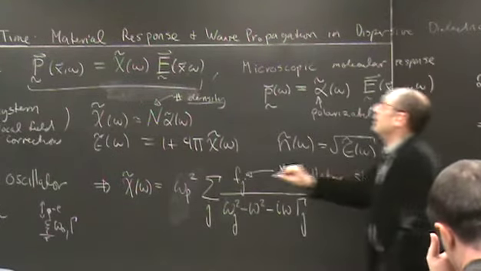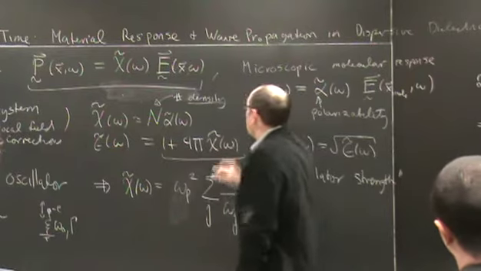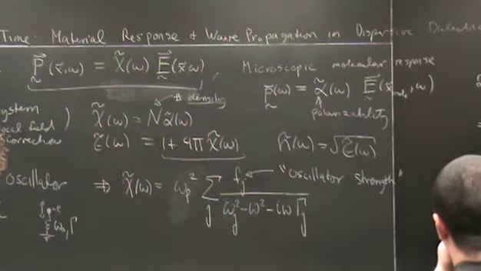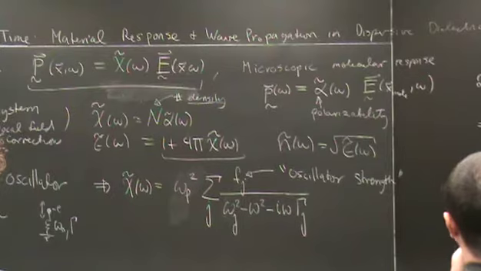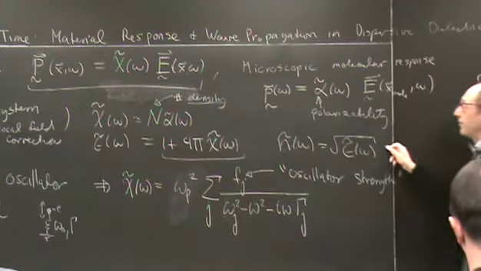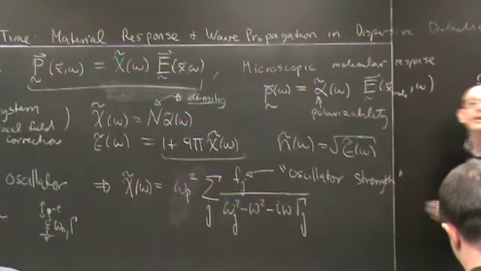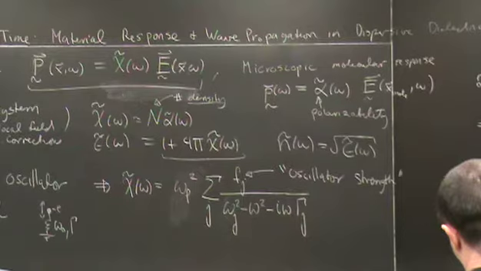And thus the dielectric response, the permittivity, is then given as such. And from that we can in principle calculate the complex index of refraction, okay, at that frequency.